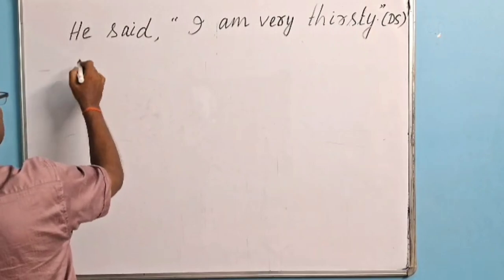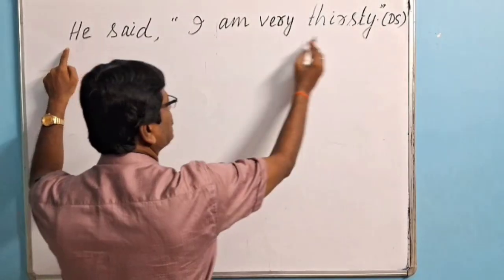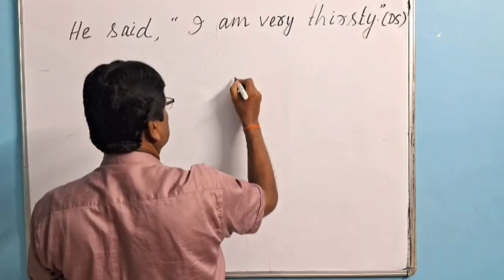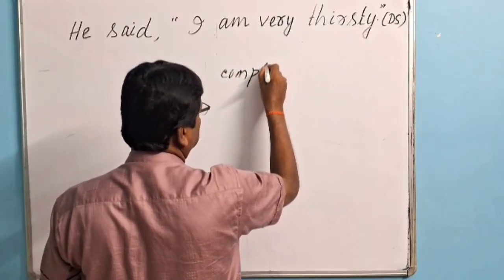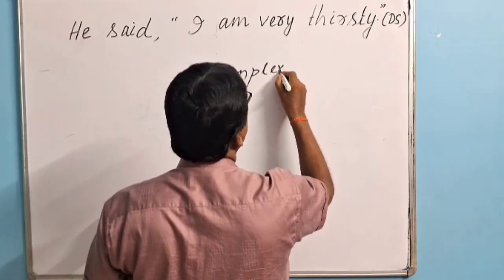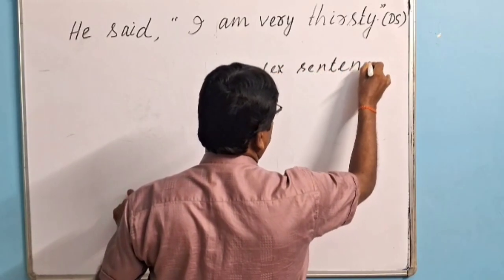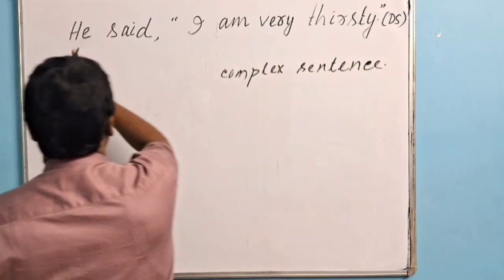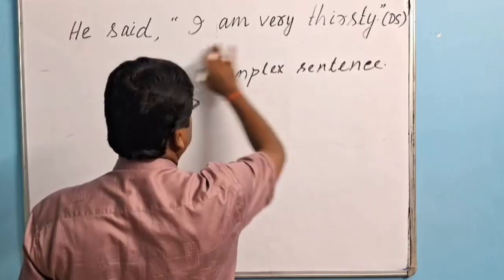And the entire sentence, from this to this, is a complex sentence. He said, I am very thirsty. This is a complex sentence.